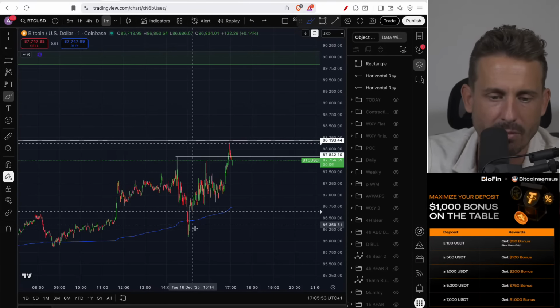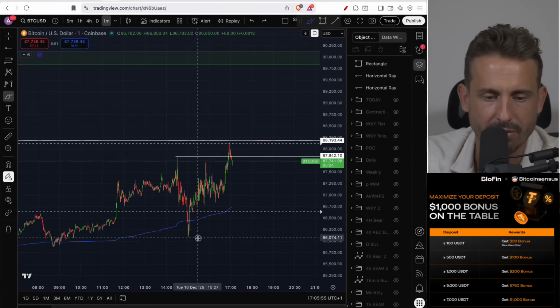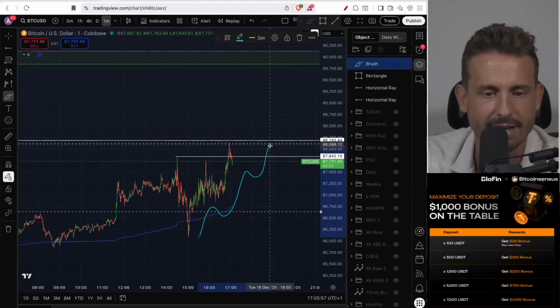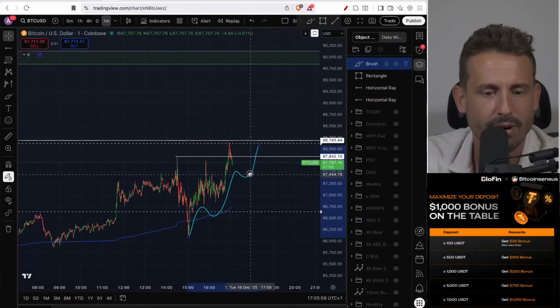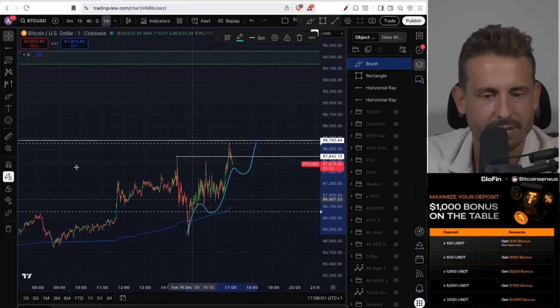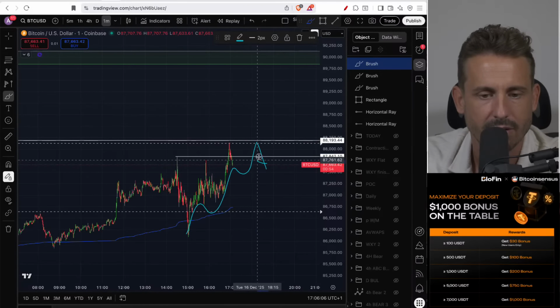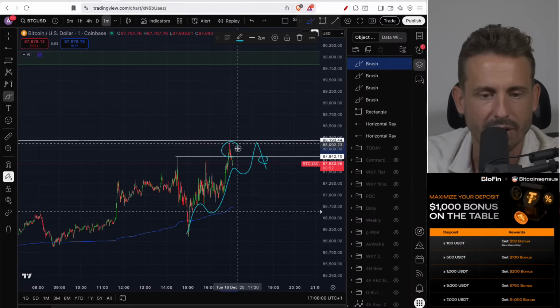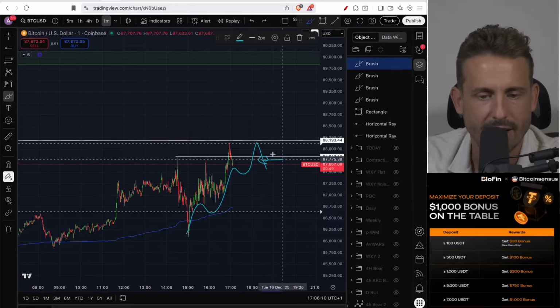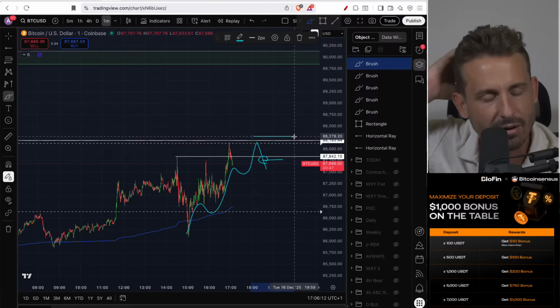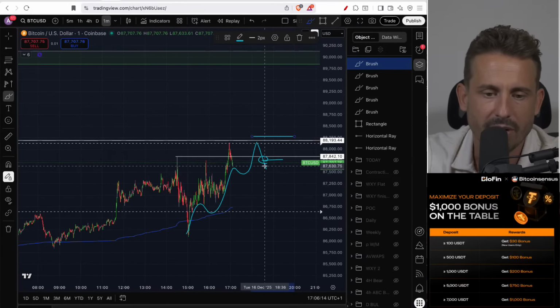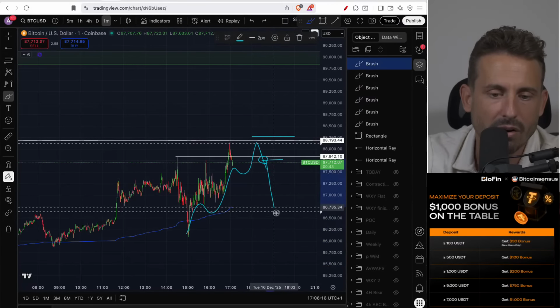If we would have come up from this zone like this, I would have taken the chance, even though the wick is a little bit long here, to get into an entry and a stop loss here, to then maybe look for a longer move down.